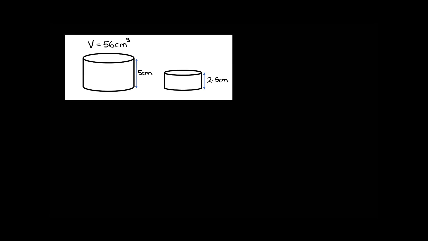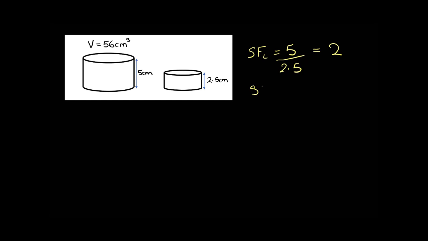Let's try a volume one now. Got corresponding sides on the cylinders and the lengths of them, and we're told that the volume of the large one is 56 centimetres cubed. So we start by finding the scale factor of the lengths. In this case, it's going to be 5 divided by 2.5, which is going to be a scale factor of 2.